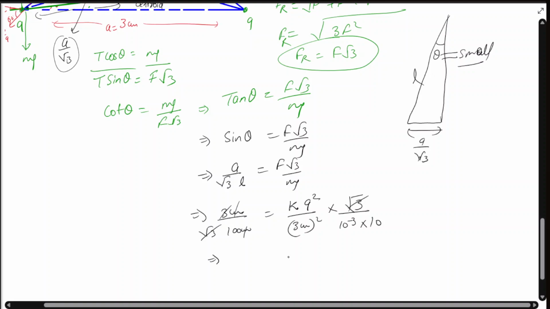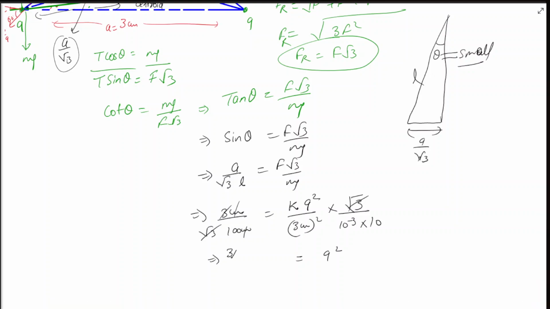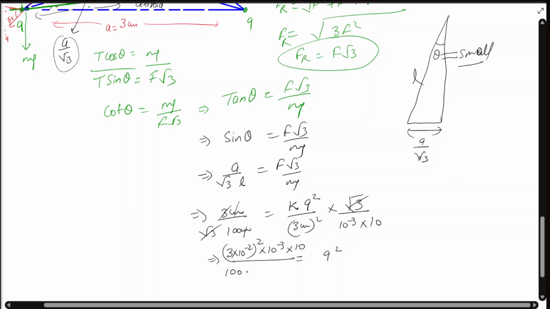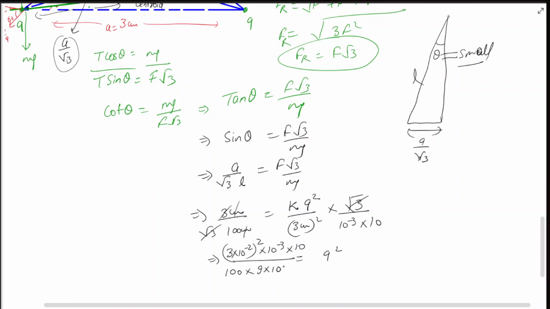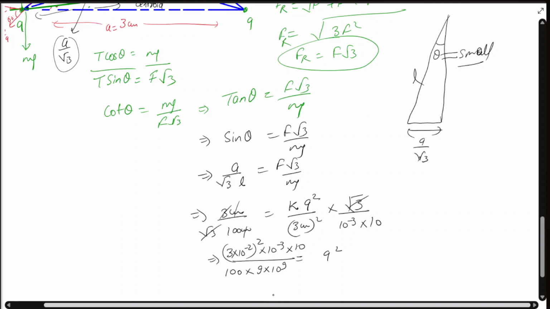So root 3 and 3 will get cancelled. So we will have Q square. So K will be in the divide. So 3 centimeter here will be 3 into 10 raised to power minus 2, squared, into 10 raised to power minus 3 into 10, divided by 100, into divided by K. So K will be 9 into 10 raised to power 9. Right?